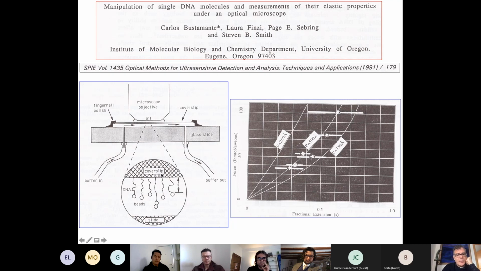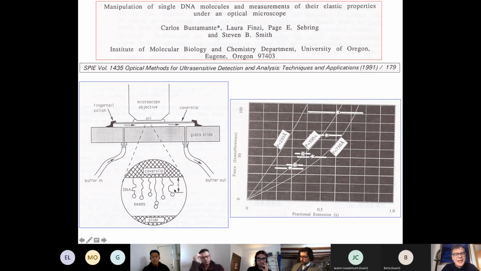So he used a cover slip to which he attached on its upper side DNA tethers, and at the end of this tether there were beads. Now the beads were used to measure the height of the DNA molecule, the length of the stretching of the DNA molecule, by using video microscopy. And by using gravity, he was able to measure 3-4 points in a force extension curve.